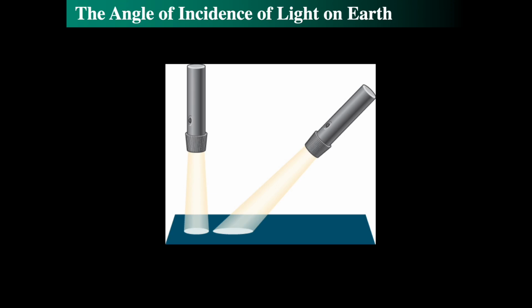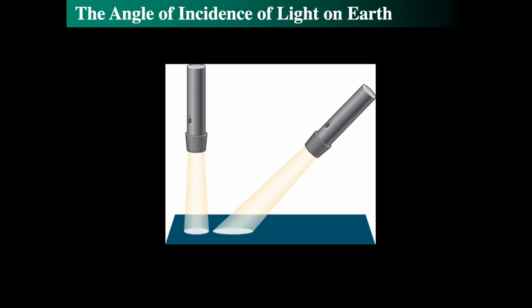But if there's a larger angle, then all the light gets spread out onto a larger surface area. So when you have the sun straight up, the beams of light do not spread out over larger surface areas, and therefore you have more intense heating per square inch on the surface of the Earth.